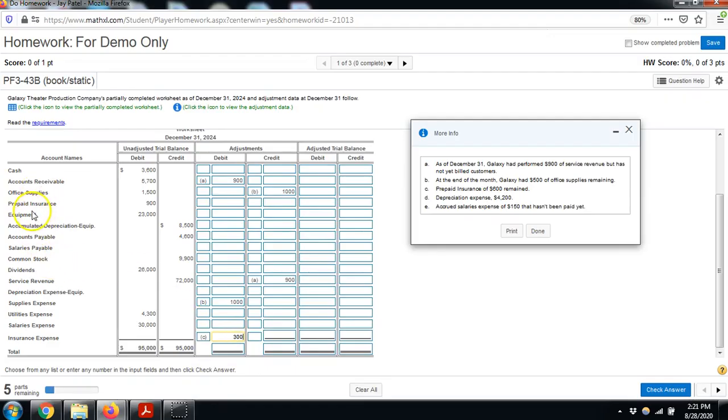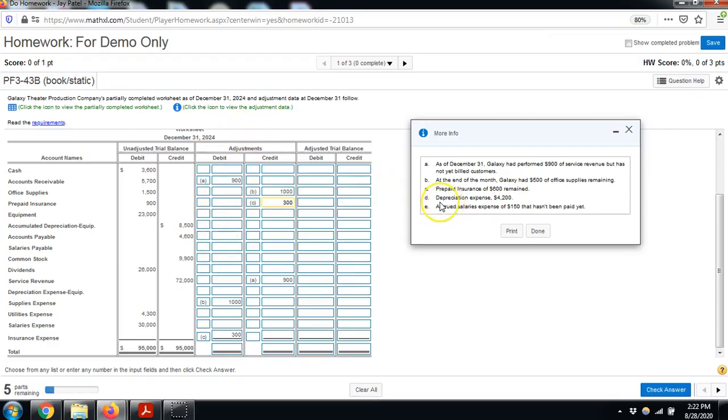And now we're reducing our prepaid insurance balance, which is going to be a credit of 300. Notice for all of these, we have a debit and a credit. It's just like doing a journal entry, except we're arranging them in this adjustments section of the worksheet.